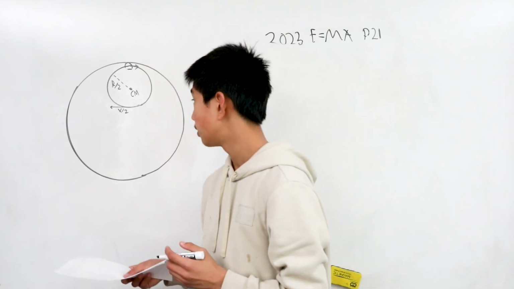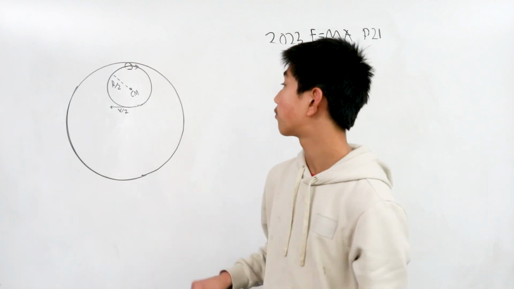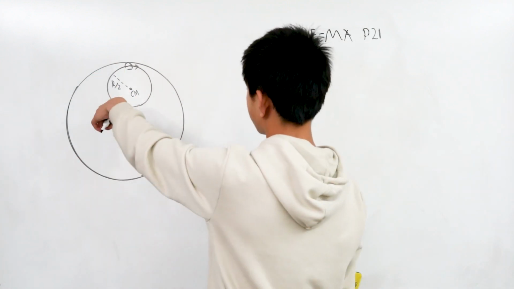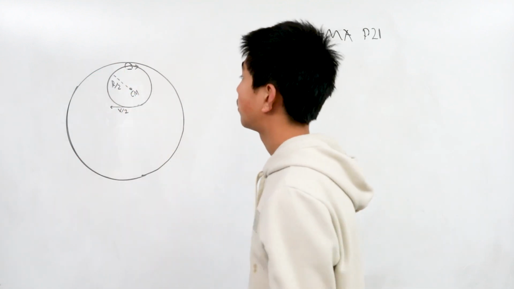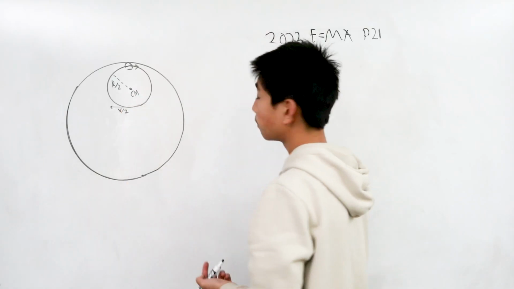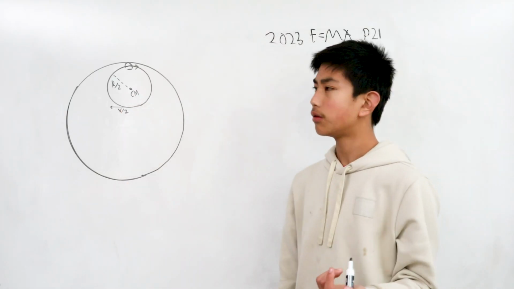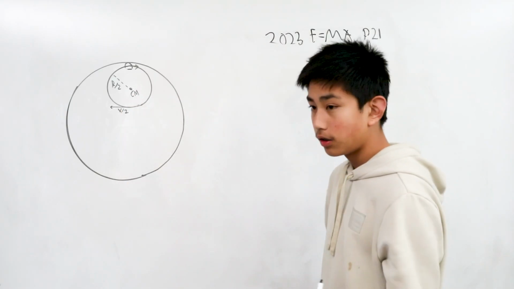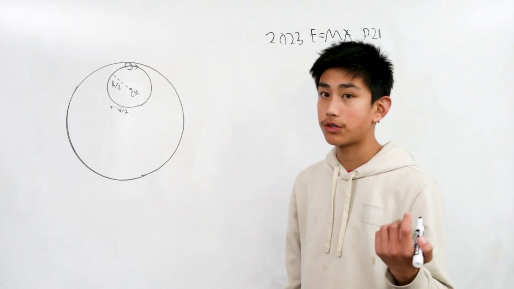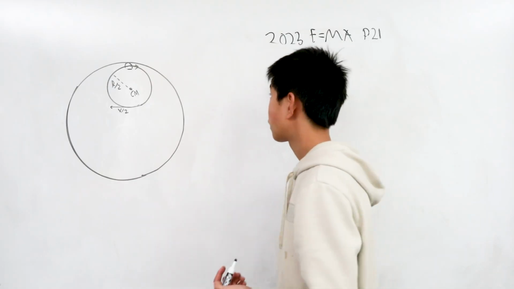So for this problem, we're going to be in the CM frame, where as it rotates, this, as you can see, is centered around the CM. So what we can do here is set up an equation conserving momentum.